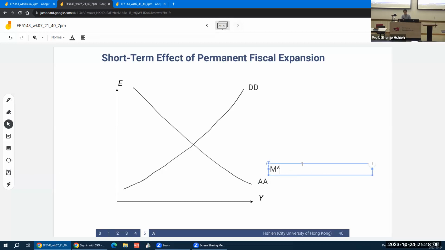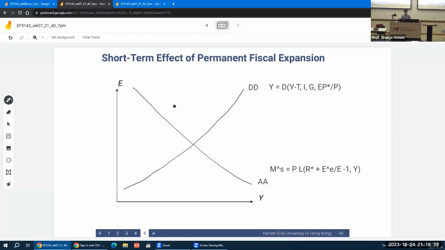This is MS equals P times L. And the DD curve is here. I'm going to draw this vertical line just to emphasize that it's an important line, because that's where we started from. So I'm going to write Y bar to distinguish from a generic Y naught, because this is the case in which R equals R star. Okay?